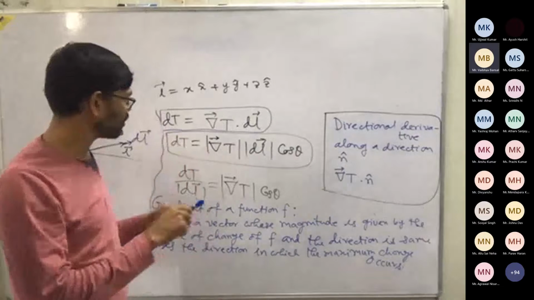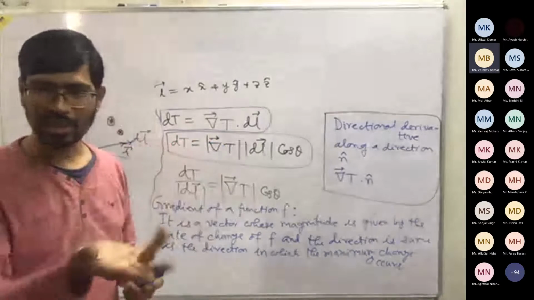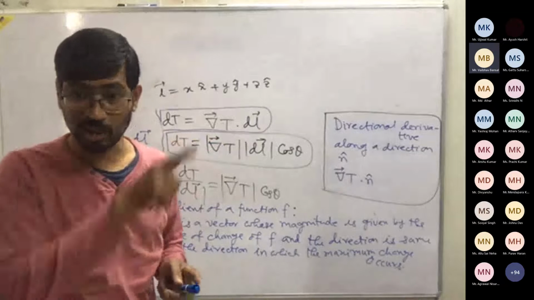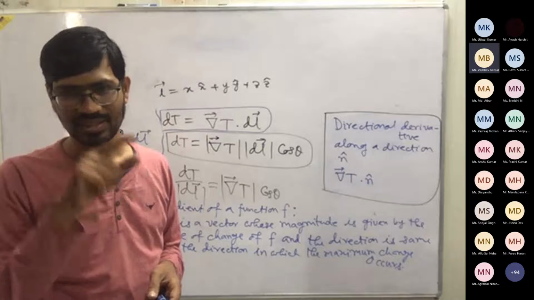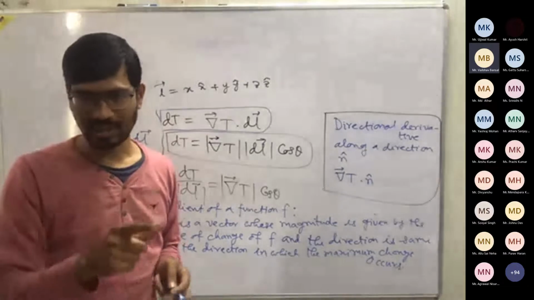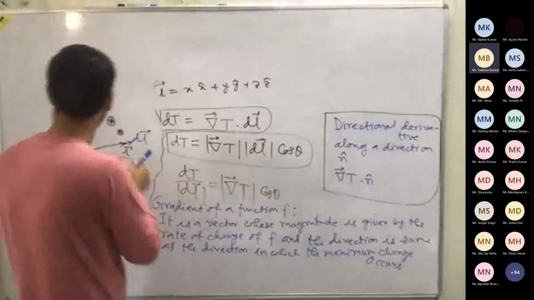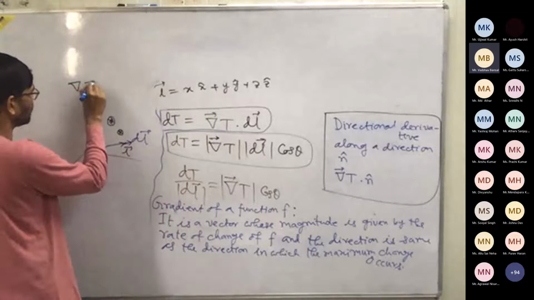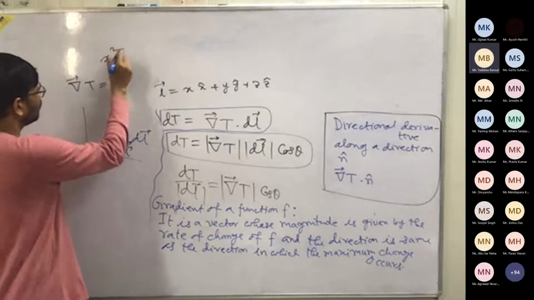Okay, one more thing I'm forgetting. If the gradient of t is 0 along a particular direction, let's take the previous example where I took x square.